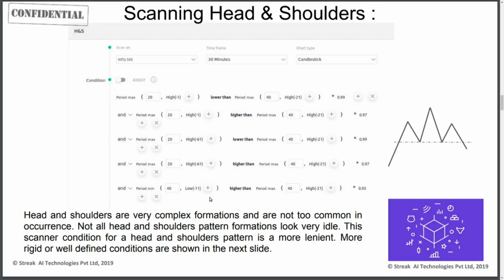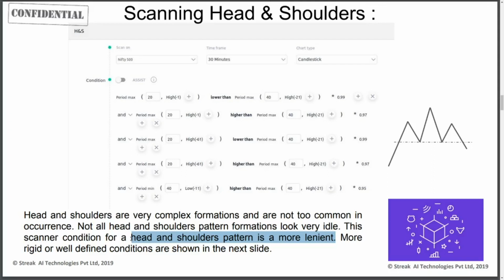Now keep in mind, as I mentioned, it is a complex pattern and doesn't occur too much in its ideal form. And to avoid that, we have this first scanner, a more lenient, you can say forgiving, version of the head and shoulders pattern, where it will be able to scan for those head and shoulders which are not that sharp, that ideal form, but they basically show some kind of head and shoulder resemblance.